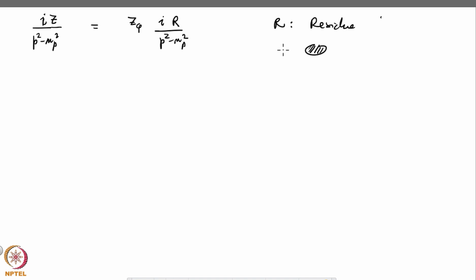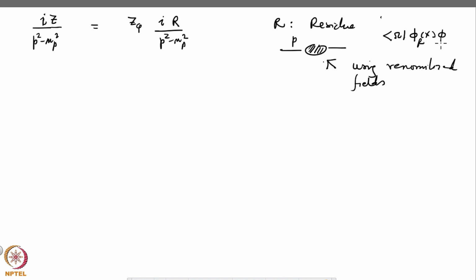So this is the 2-point function. Here the fields are renormalized fields. As I wrote earlier, this is just the Fourier transform of this, and renormalized parameters.